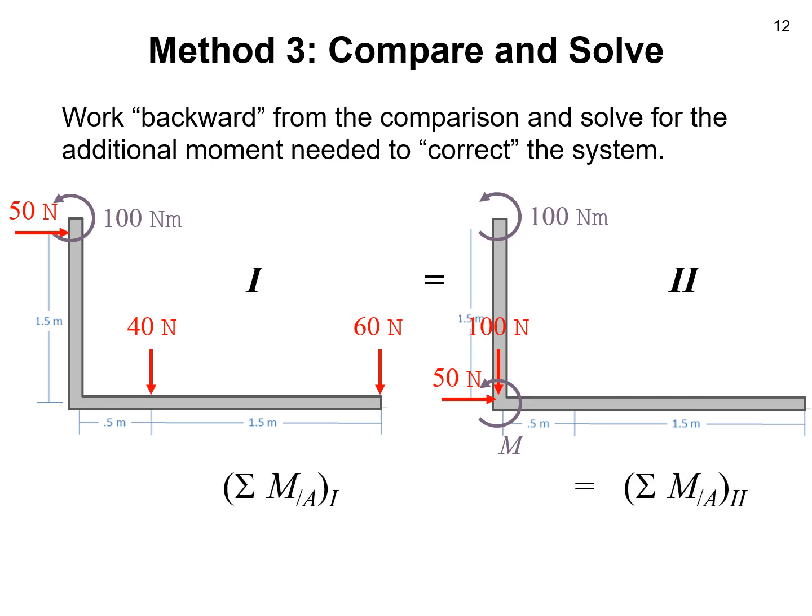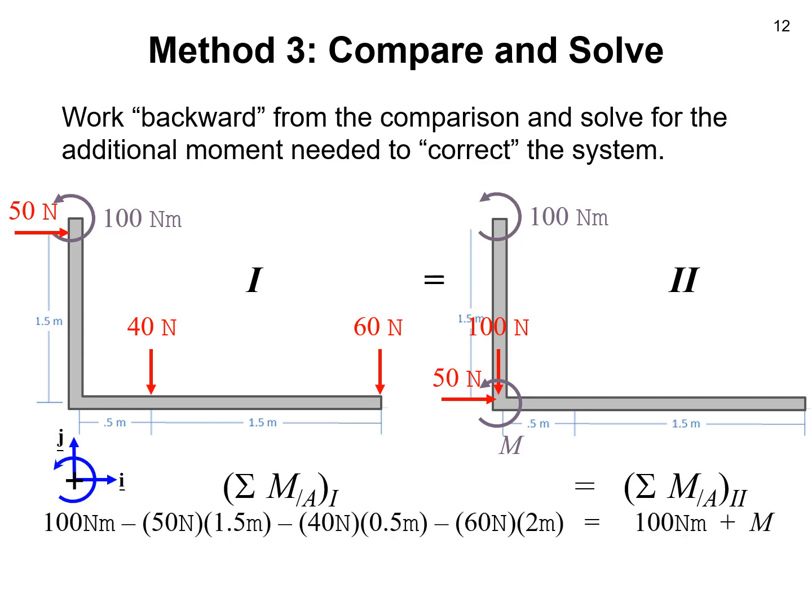So I'll start out with the general statement that says the sum of the moments about the point A in the system number 1 must equal the sum of the moments about the same point A in system number 2. And if I start adding them up, and again I'll use my positive counterclockwise convention, on the left-hand system I have 100 Newton meters counterclockwise.